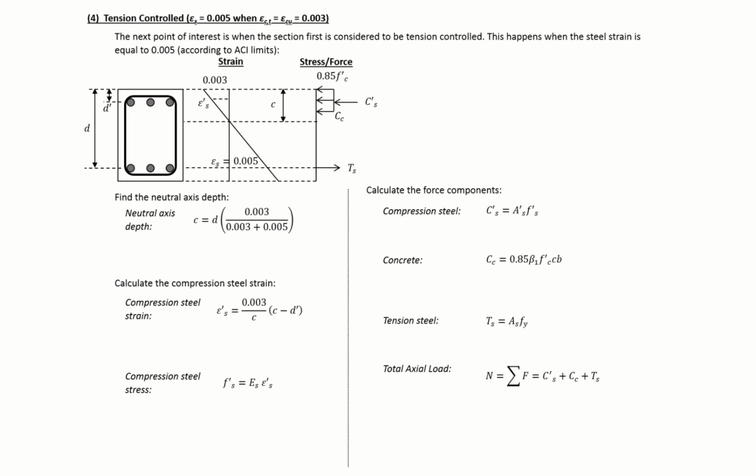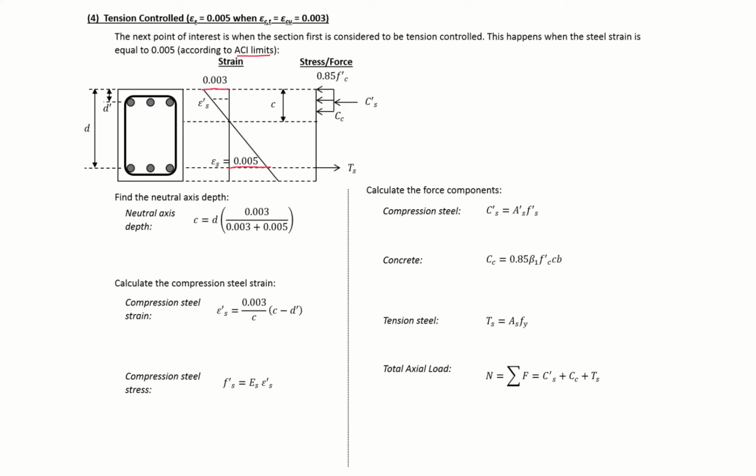The next point that we're going to find is our tension control point. And this is when our concrete top fiber strain is 0.003, so our concrete crushes when our steel strain is equal to 0.005, which is our ACI tension controlled limit.